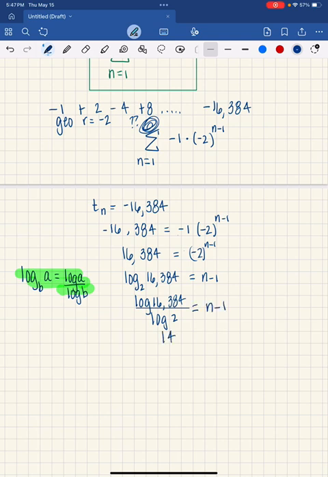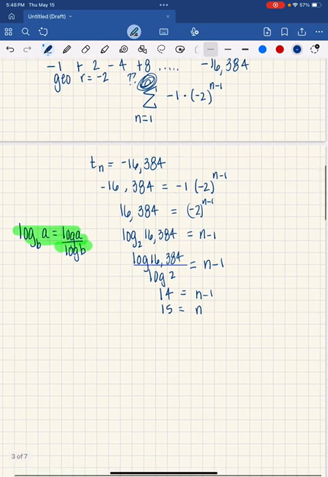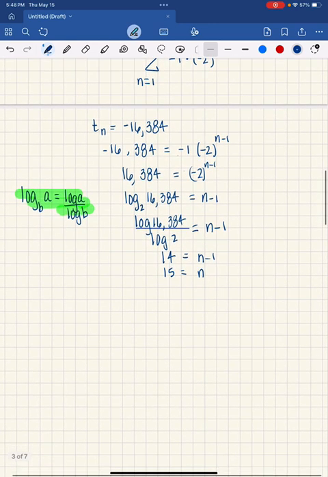So n is going to be equal to 15. Okay, so 16,384 is the 15th term in the list. So that is going to be the number on top of my sigma.